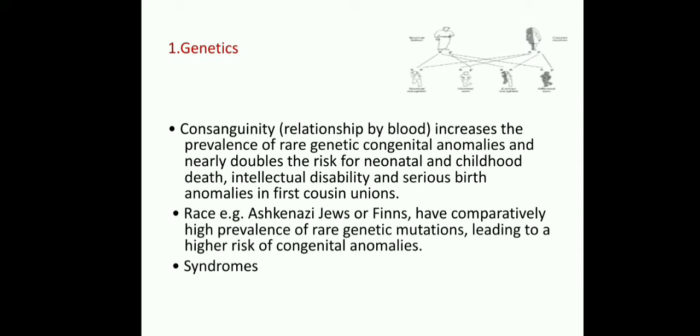Because of consanguinity, where blood relatives have babies, there may be genetic deformities, which may affect childhood death and cause intellectual disabilities. So that is also one of the causes.